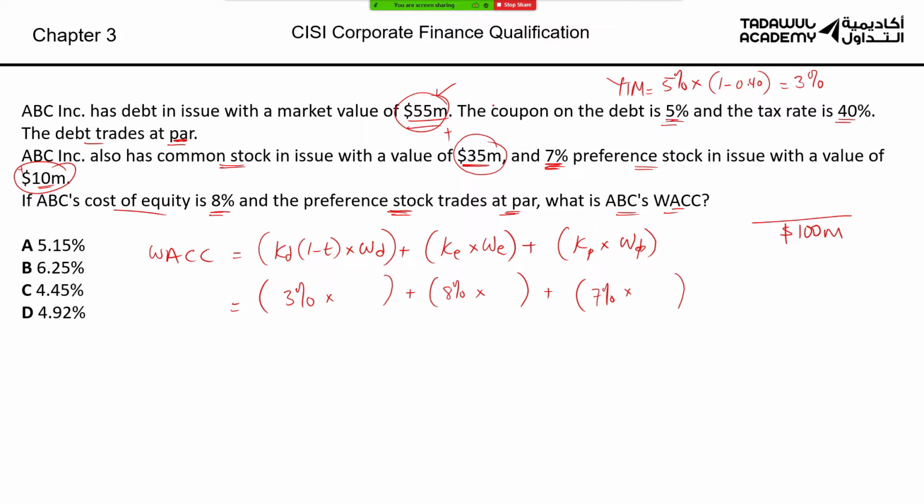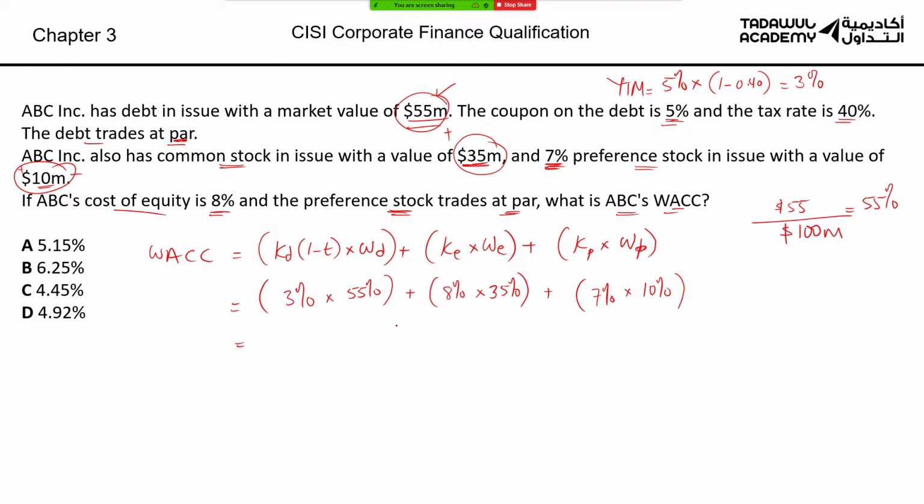Now, debt is 55 of that, so debt is 55%. That's the weighting of debt. Equity is 35 million out of 100 million, so that's 35%. And preference shares are 10 million out of 100 million, so they are 10%.